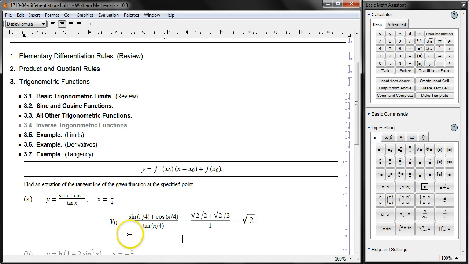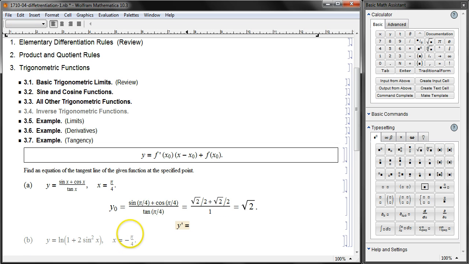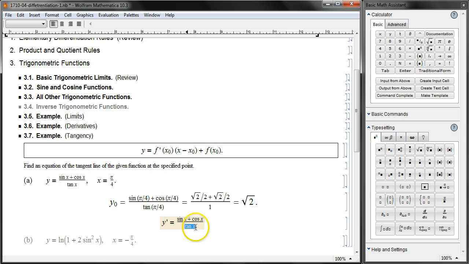Now let's find out the derivative. Derivative of this. We've done this before, but let's pretend we haven't. Which means the quotient rule: denominator squared, and the numerator is u prime v minus u v prime.